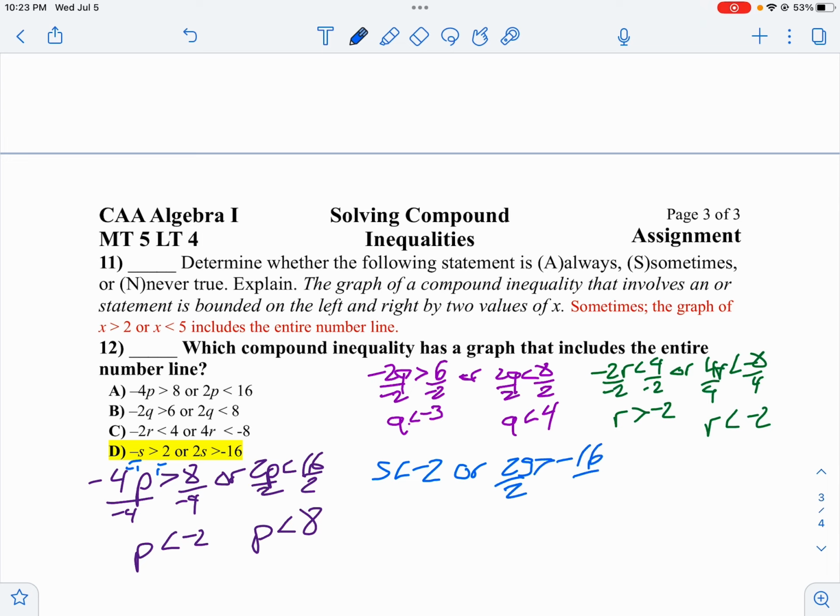I'll divide by 2. S is greater than negative 8. Notice these two go in the opposite direction. When I go less than negative 2, I'm going to include negative 8. When I go greater than negative 8, I'm going to include negative 2. So the only one it can be is choice D.